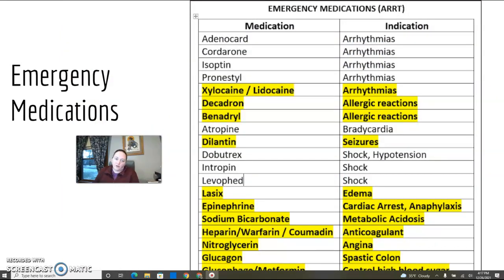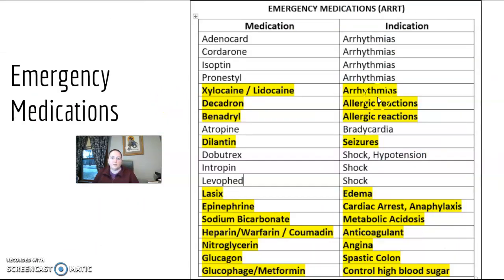Here's a list of possible emergency medications that you might have seen. Oops, sorry, I skipped that. Allergic reactions would be most often Benadryl, or you might see Decadron. Arrhythmias, xylocaine or lidocaine, two different terms there. Edema, Lasix. Cardiac arrest or anaphylaxis would be epinephrine.